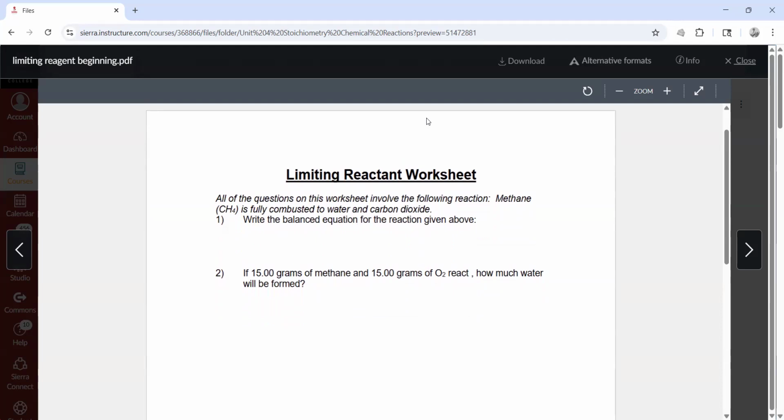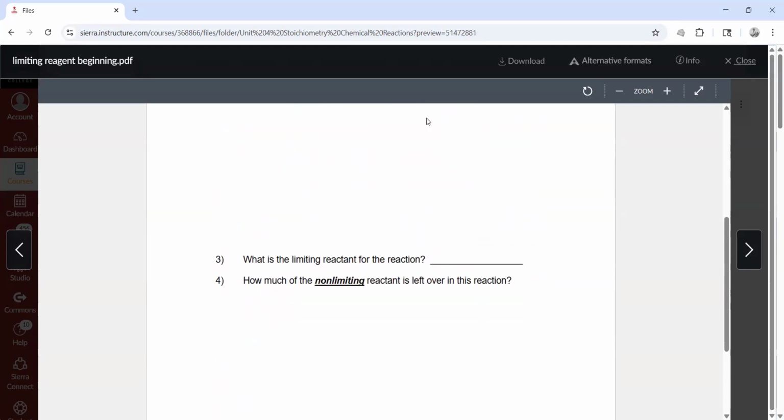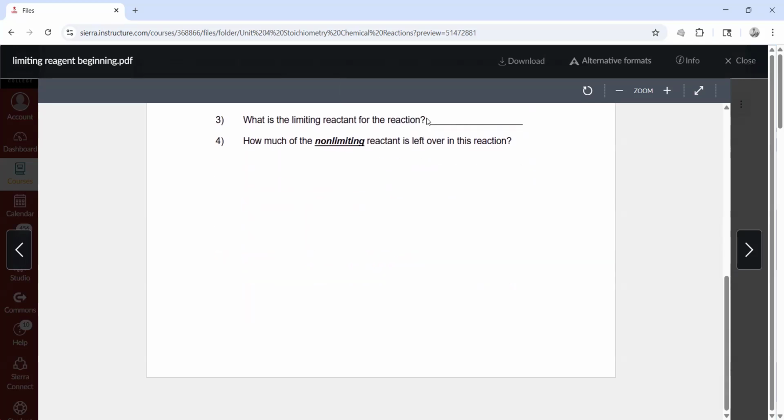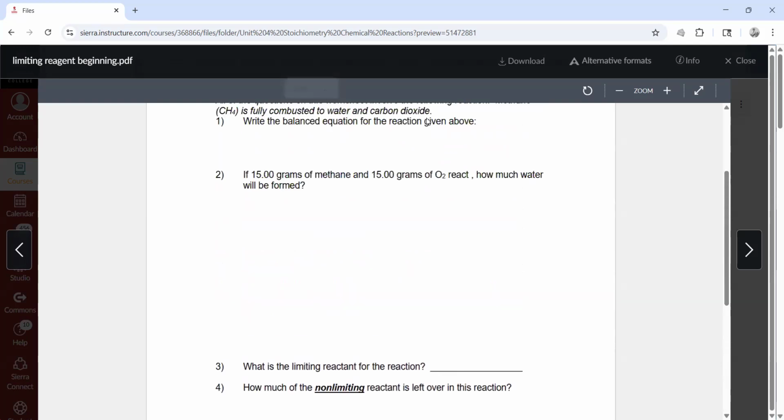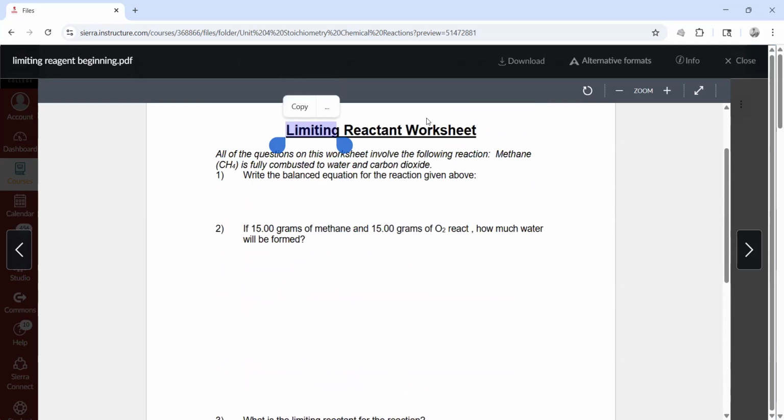Now your take-home problems look very similar to this. So we want to know, write the balanced equation. This is simple methane being combusted. 15 grams of methane and 15 grams of oxygen react. How much water is formed? There are 2 givens.